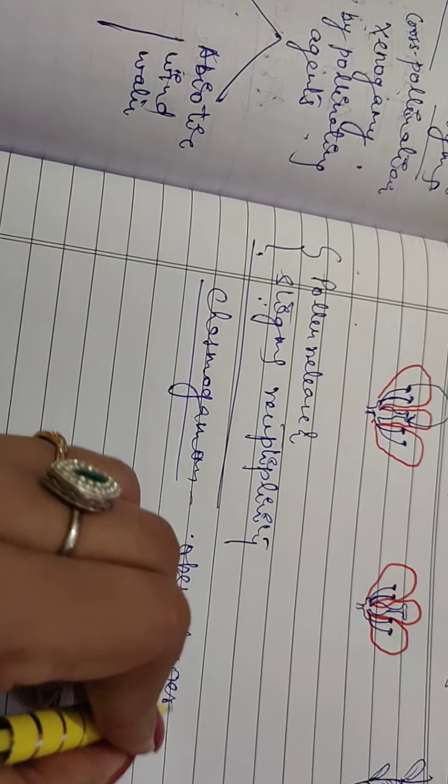Examples are Vinca rosea, also known as Catharanthus roseus, or Convolvulus. The anthers occur in the neck of the corolla tube, as the style grows and the stigma comes in contact with ripe anthers and receives the pollen grain.